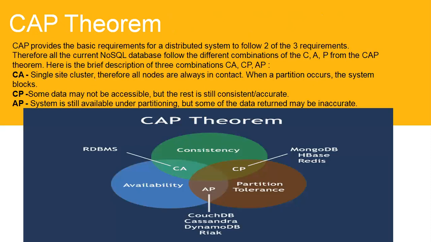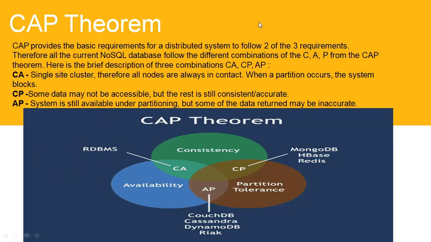CA is consistency and availability. CP is consistency and partition tolerance. AP means availability and partition tolerance. So CAP theorem says, if we talk about RDBMS here, then we are talking about consistency and availability.